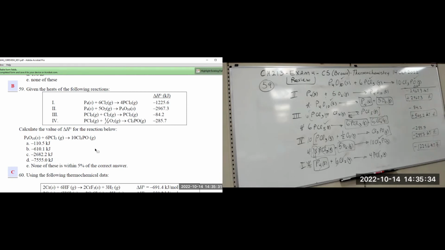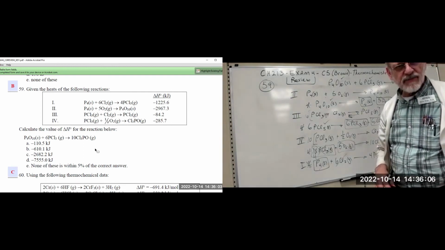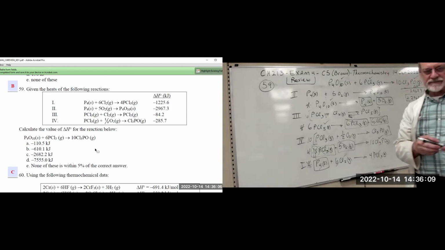Let's see, 2967.3, 505.2, 2957 subtracted, and 1225.6 subtracted. So I get minus 610. And that's B. The best answer for that one is B.